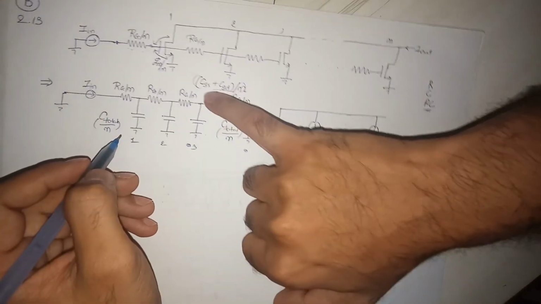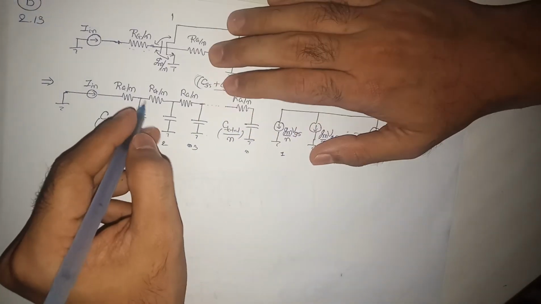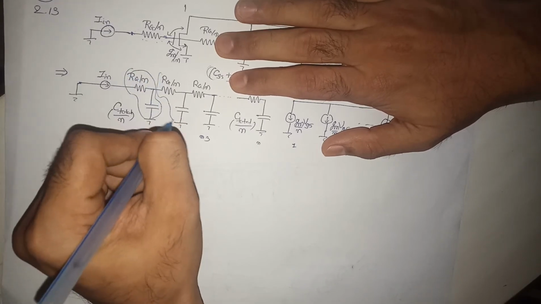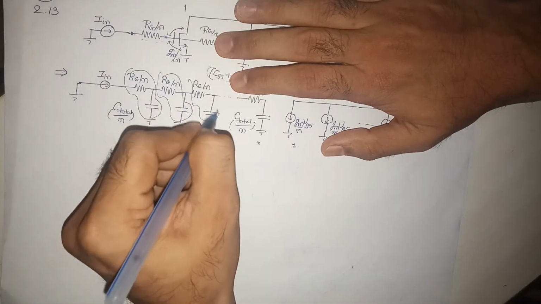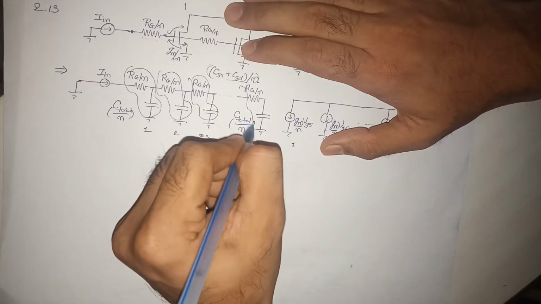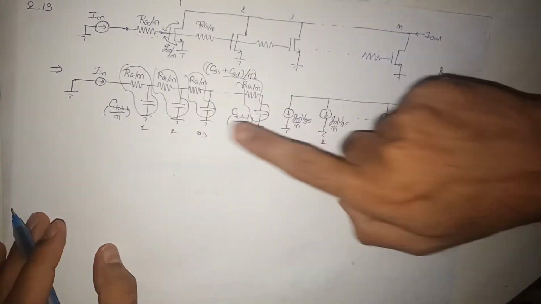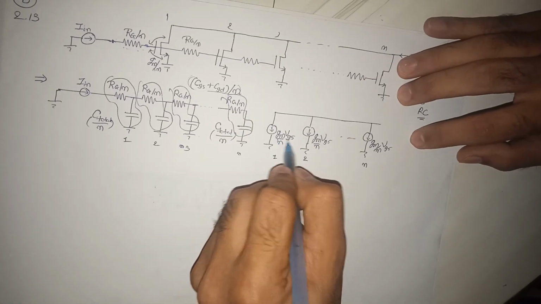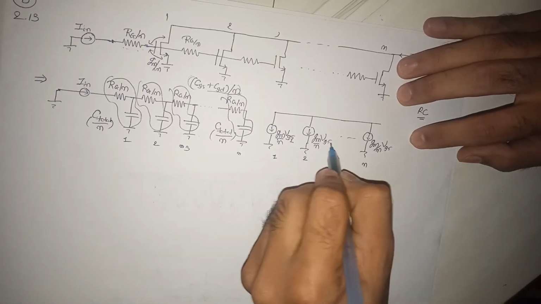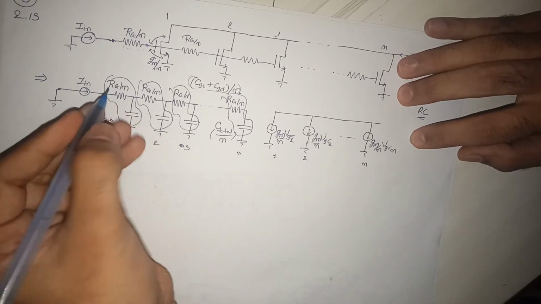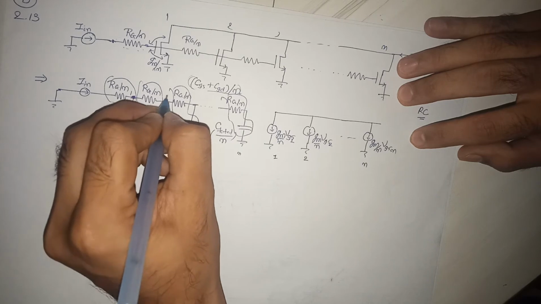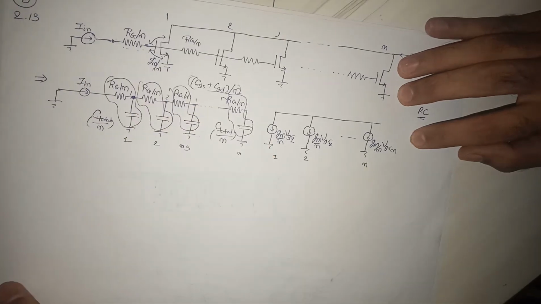C total is nothing but CGS plus CGD. This is the representation of the first one, this is the second one, third one, and the nth one. And this is gm VGS, with VGS1, VGS2, VGS3, and likewise.